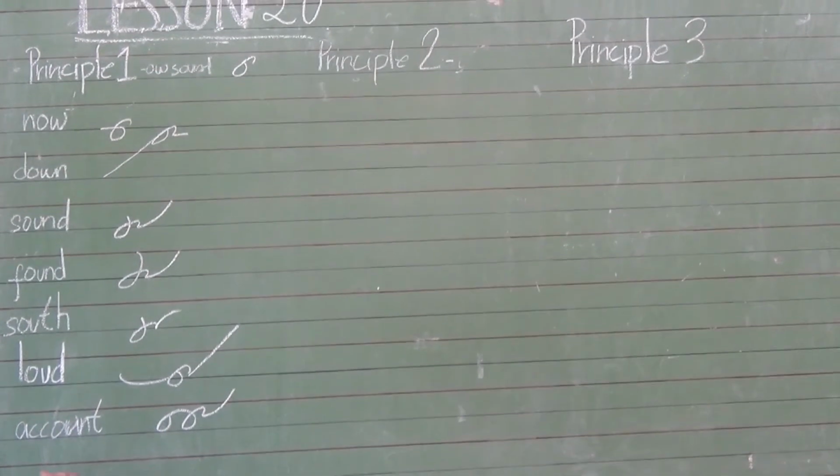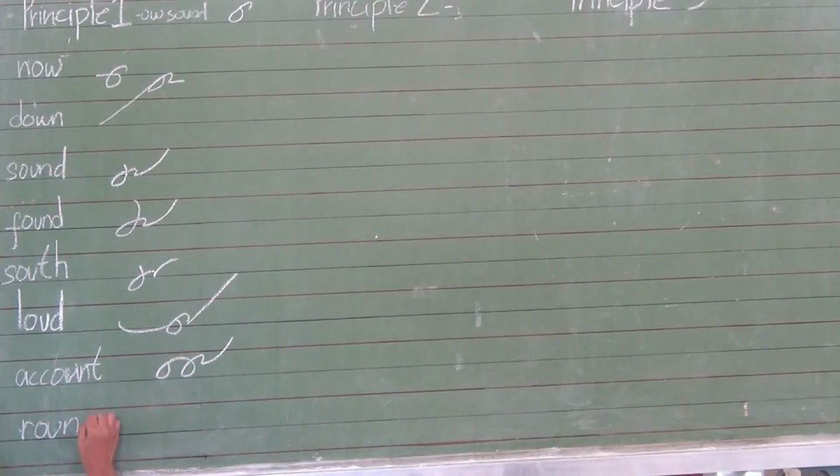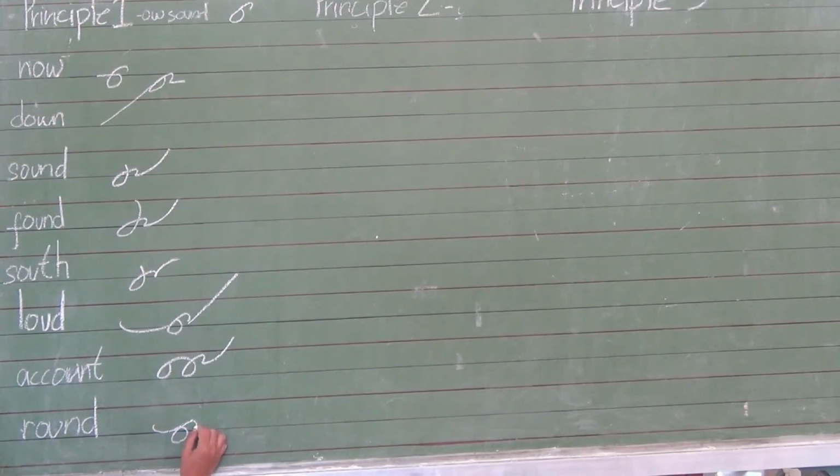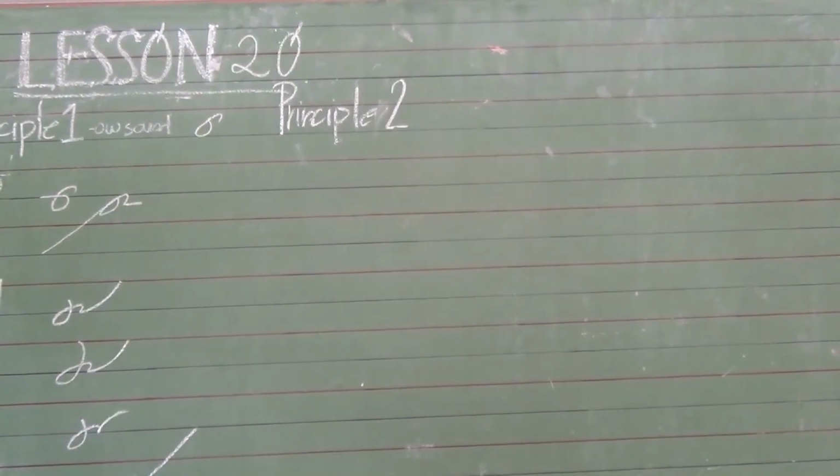Next is round. It is represented by R, A, OO hook, and the ND stroke.